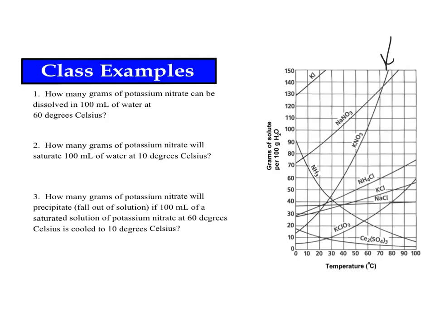And it wants to know how many grams can be dissolved in 100 milliliters, which is the same thing as 100 grams, at 60 degrees Celsius. Well, 60 degrees is right here. So let's look at the graph. 60 degrees. Just go right on up the line. 60 degrees meets the KNO3 curve right about there.